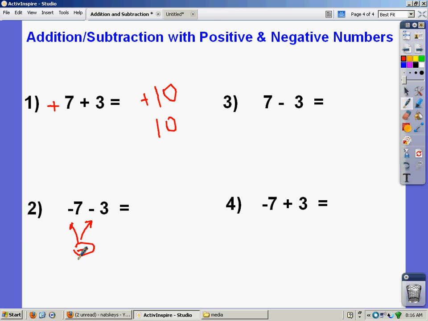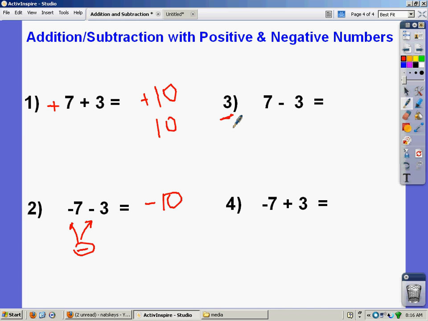And what kind? Negative team. So in this case, we combine them to be what? We combine them to be 10, because 7 and 3 combine to be 10. And what kind of 10? It is a negative 10, since the original problem had them both as negatives. Example number 3. 7 minus 3. Same team or opposite teams?